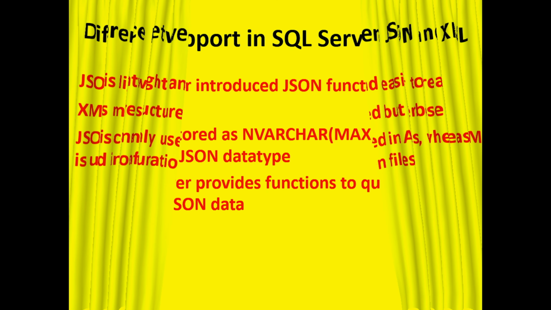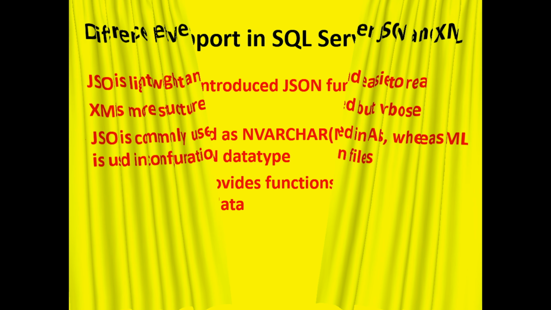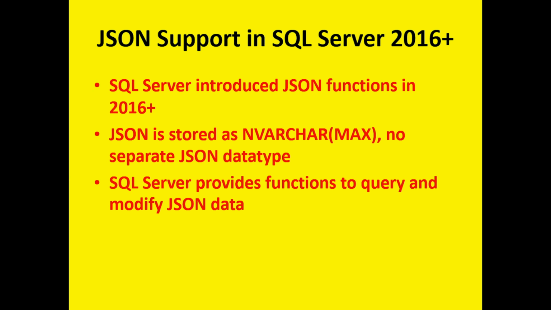Now let's see how JSON is supported in SQL Server 2016 plus. SQL Server introduced JSON support in 2016. JSON is stored as NVARCHAR(MAX); there is no separate JSON data type. SQL Server provides functions to query and modify JSON data. So you must be careful here about the data type for JSON: it is NVARCHAR(MAX), and there is no separate data type.